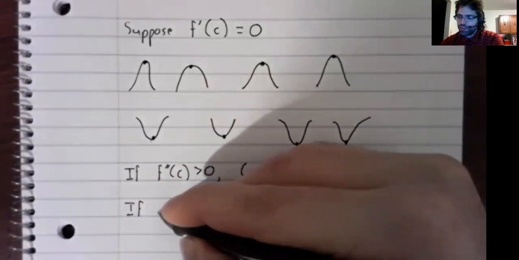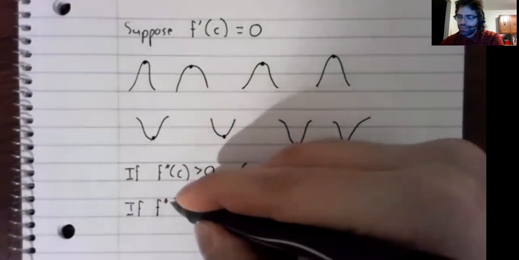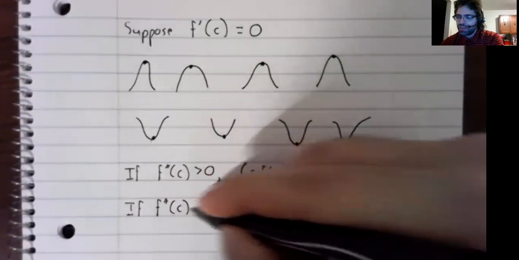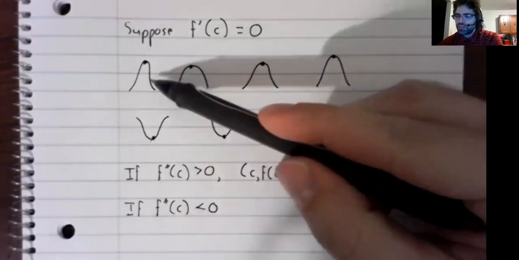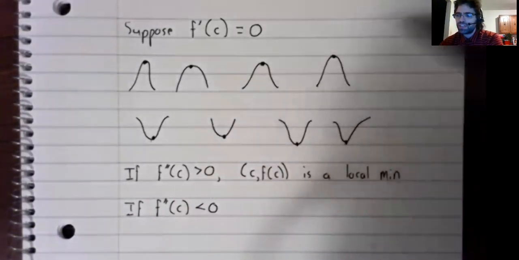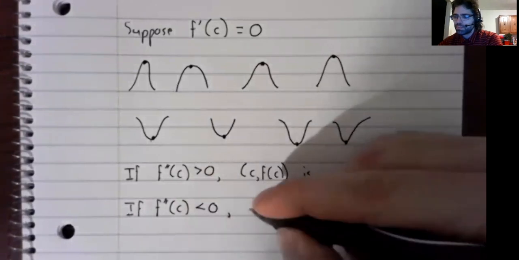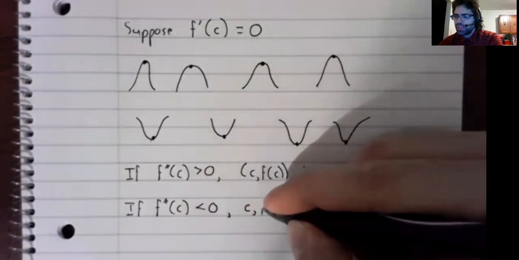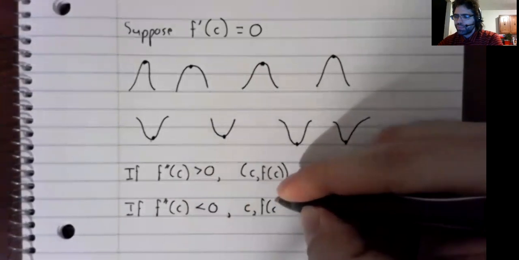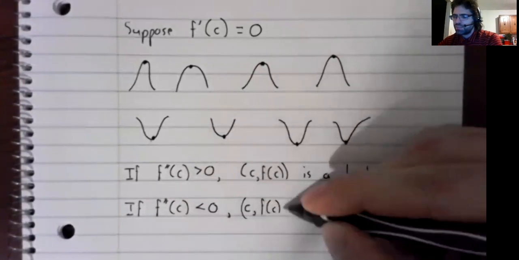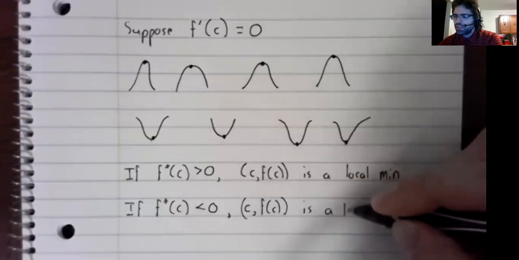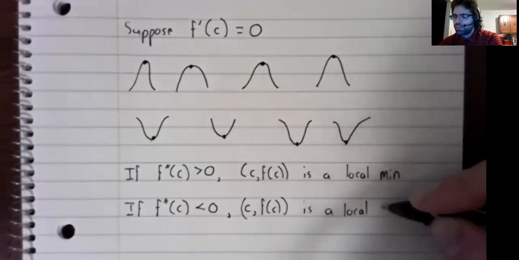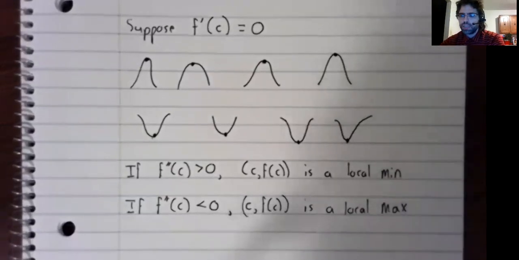And if the second derivative of c is less than 0, so we're concave down, then (c, f of c) is a local maximum.